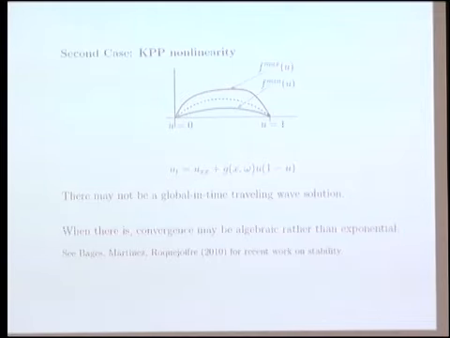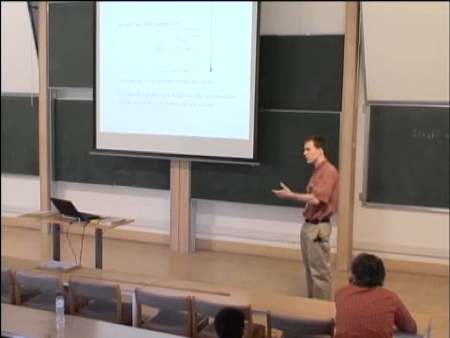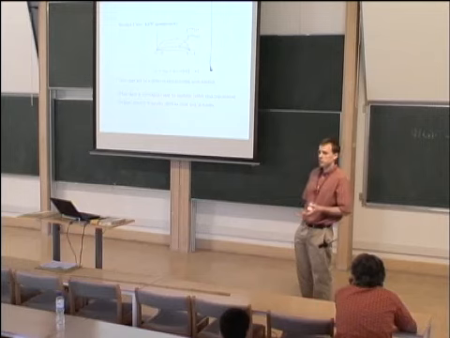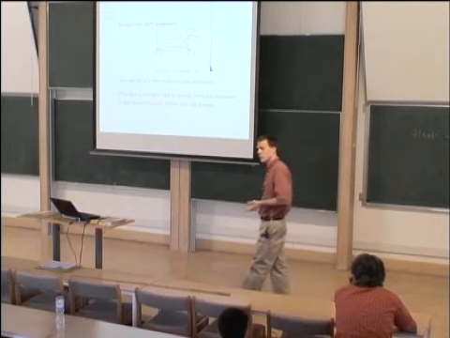In this case, there may not be global traveling wave solutions, as in the case of the bistable and ignition type nonlinearity. Even when there are generalized traveling wave solutions, convergence to the traveling wave is not guaranteed. Even when there is convergence to the traveling wave, the convergence is very slow. It's algebraic.